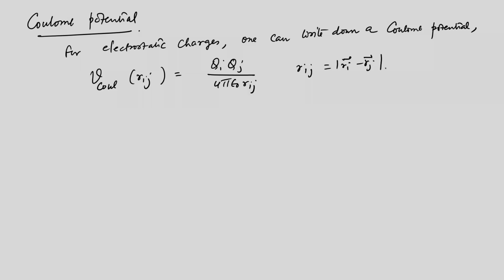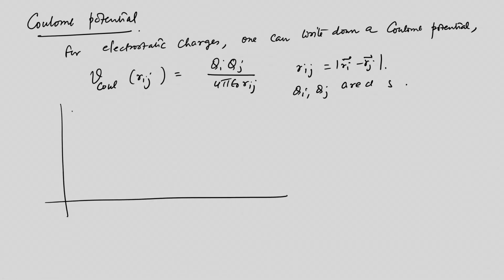So, again it depends on the distance between the two particles, and q I and q j are the electrostatic charges. So, this is a different kind of potential than what we have already seen. It of course falls off asymptotically, and this is V Coulomb as a function of R. So, it is strongly repulsive at short distances and becomes weakly repulsive at large distances.